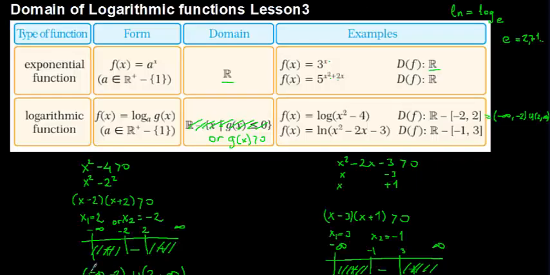Okay, if we continue with another example, x squared minus 3x minus 4 was the second exercise. x squared minus 3x minus 4 must be greater than 0. I'm going to factorize x and x. Here, minus 4 and 1: one of them must be minus 4, because the multiplication result is minus.